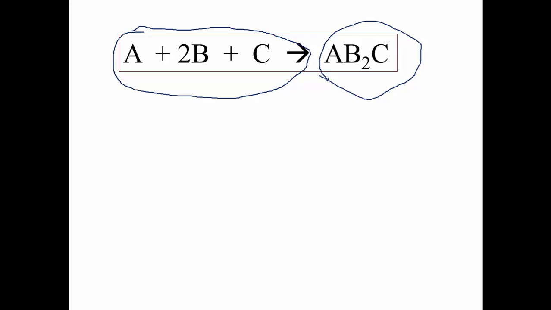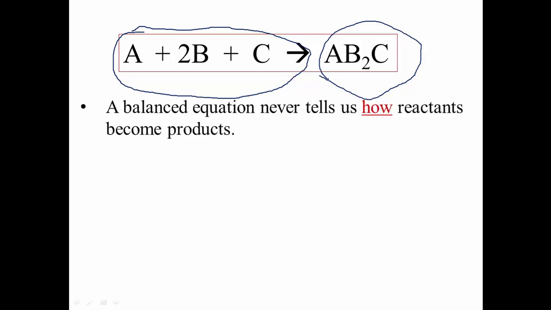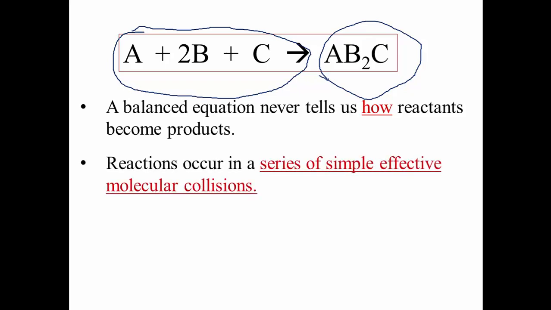It has to be a series of very simple steps. So the balanced equation never tells us how reactants become products. It just shows us the final reaction. Reactions occur in a series of simple, effective molecular collisions.